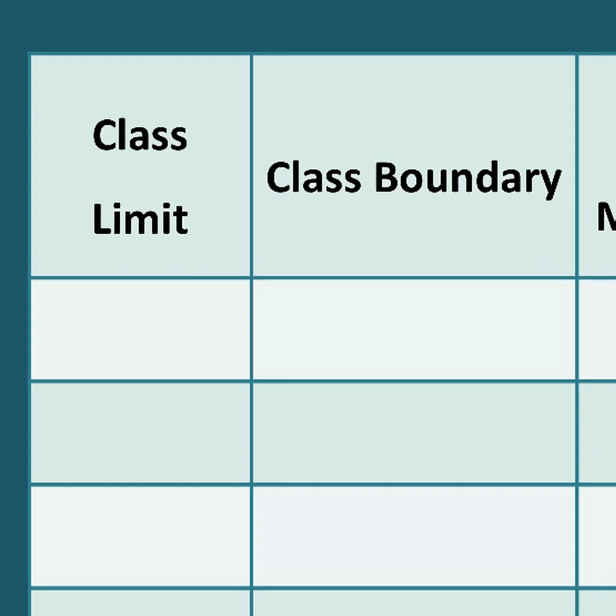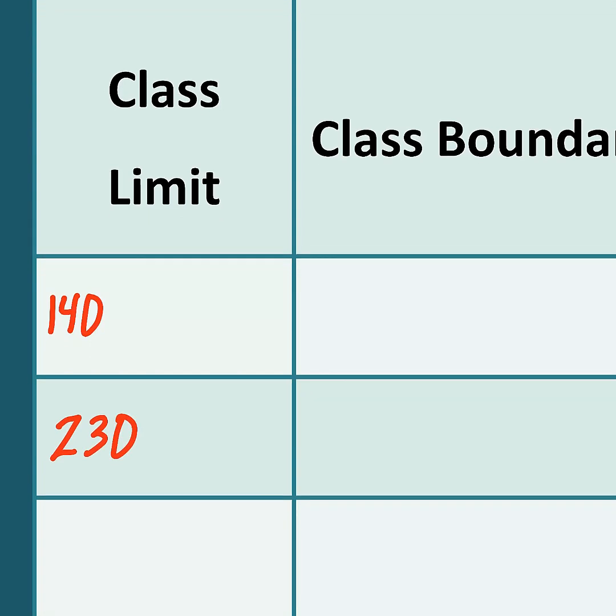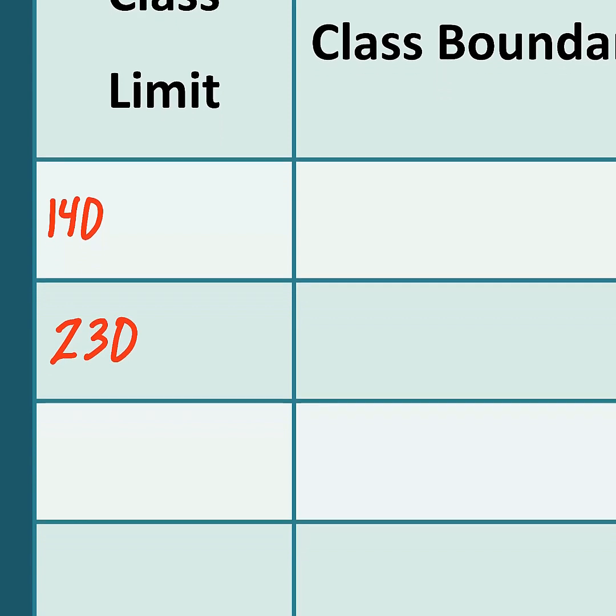The first class limit, remember, begins with our smallest data value, which in this case will be 140. To get to the next class limit, we need to add 90 as mentioned earlier. Our classes have a width of 90. So take this 140, add 90 to it, and I get 230. And you'll notice I'm writing on the left-hand side of each of these boxes.